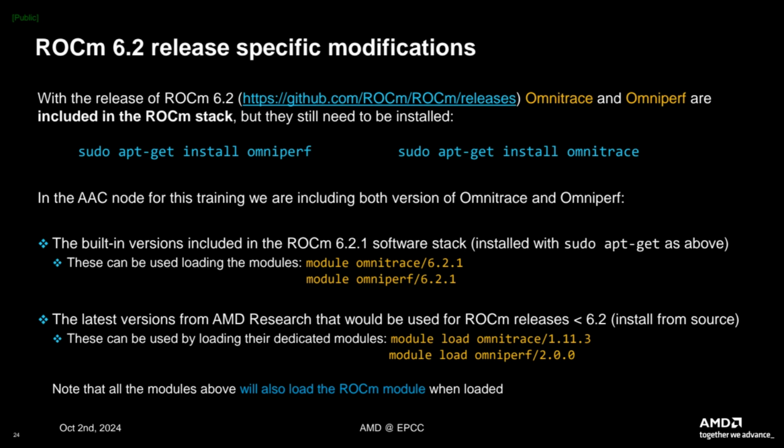So just a quick note about the latest ROCm release, which is 6.2.1. Starting from ROCm 6.2.0, the OmniTrace and OmniPerf tools are actually included with ROCm, whereas before, as they were part of AMD research work, they had to be installed separately.